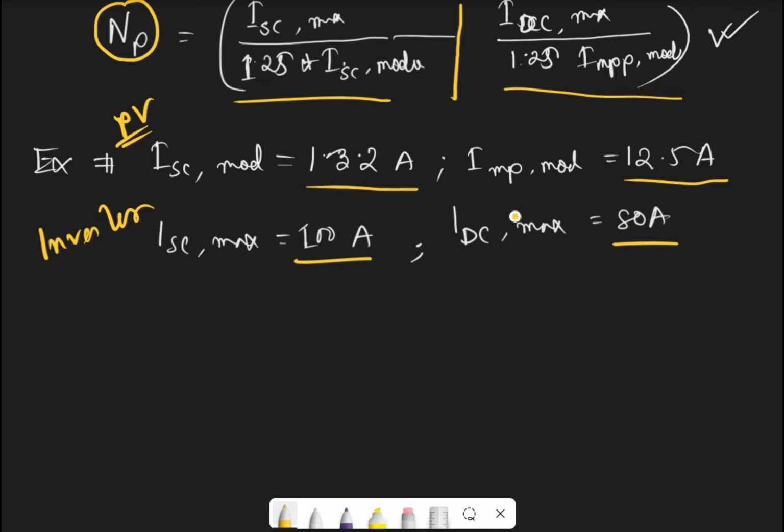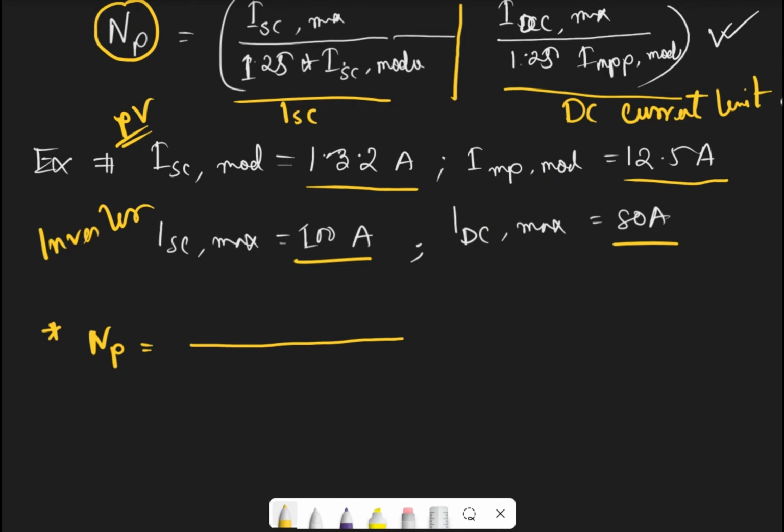This is the DC current limit, and this is used for the short circuit current limit. So let's use the first equation, the number of parallel for short circuit.